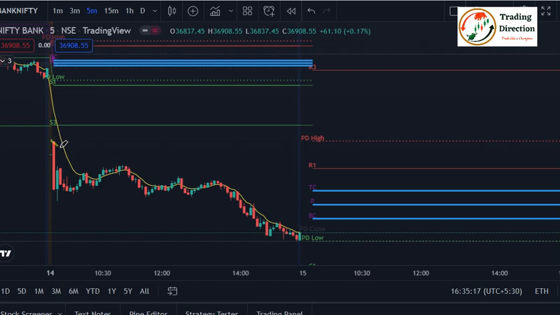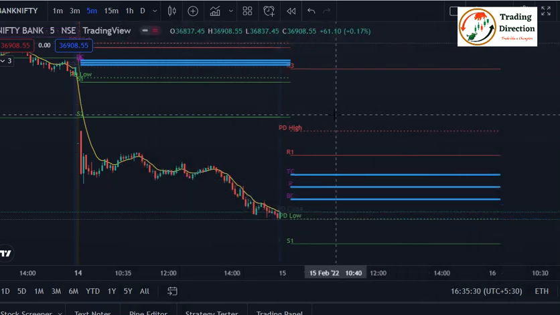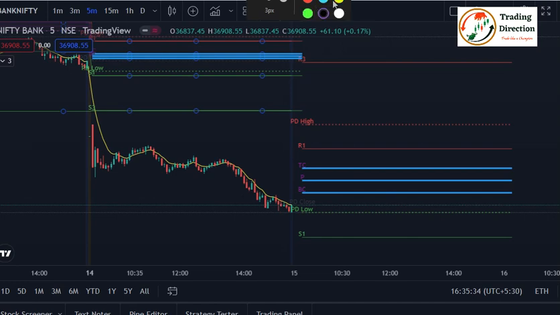Here, say the market is trending and the close was near the previous day low. In TradingView, the trading direction indicator already shows the previous day low, previous day close, CPR, previous day high, and R1. Let us consider tomorrow's opening is somewhere here.